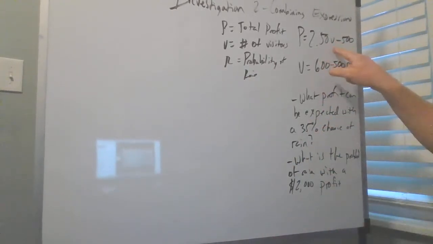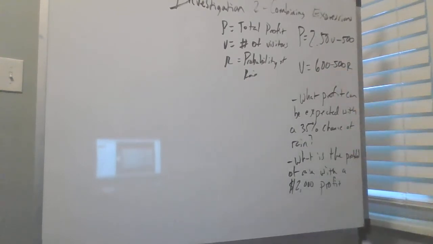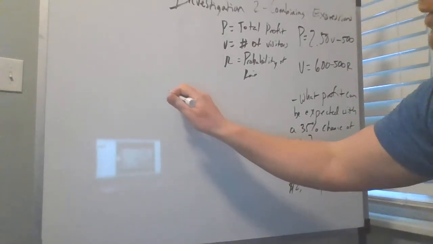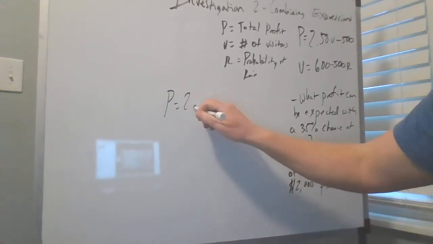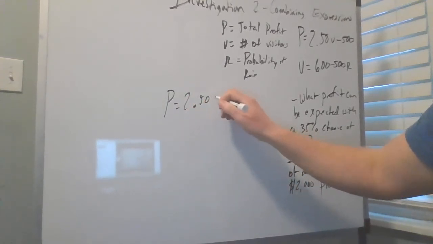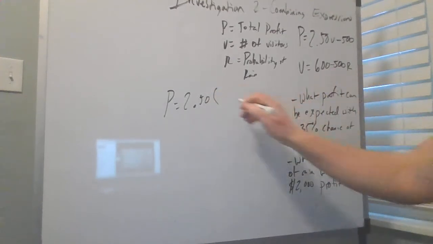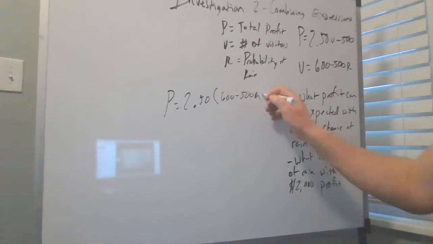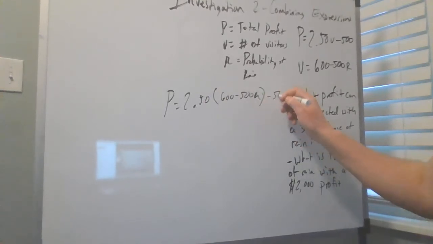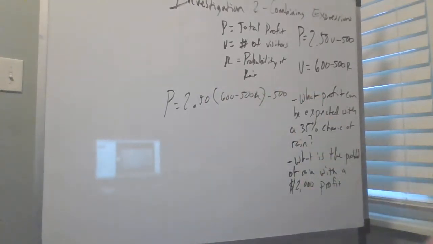Because if this is V and this number represents V, why don't we just rewrite this equation to be efficient? So my P equals 2.50, and your V is this entire expression, 600 minus 500R minus 500. Well, let's get to work.